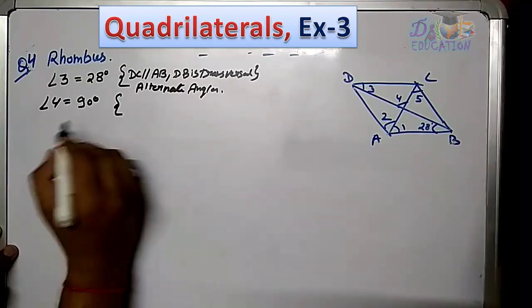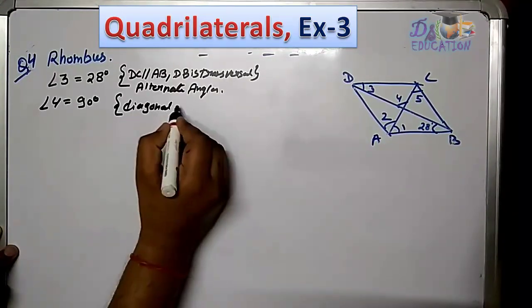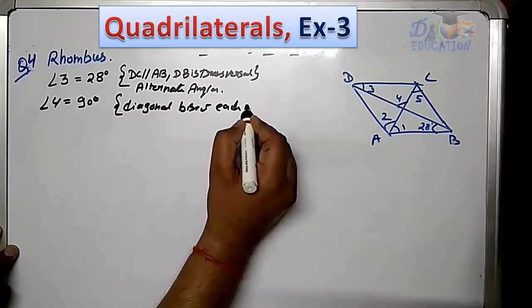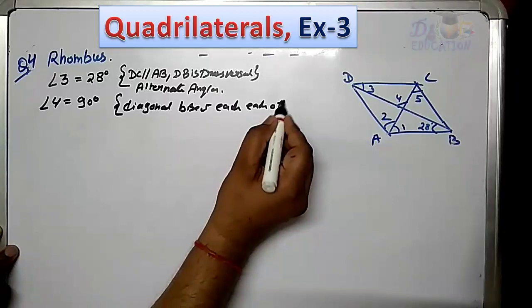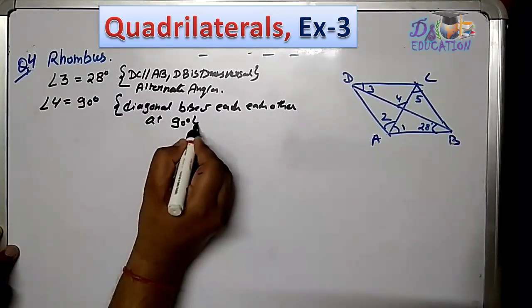Why? Again I will say diagonals bisect each other at 90 degree.